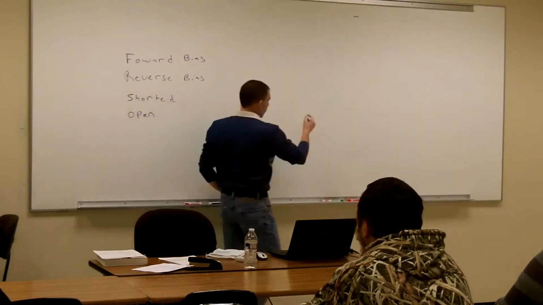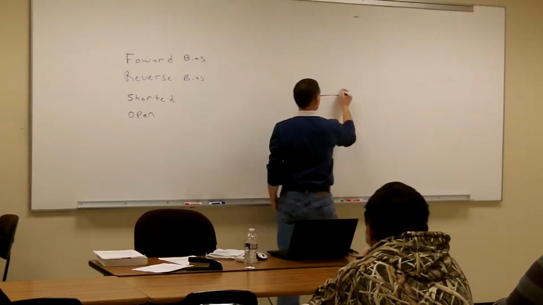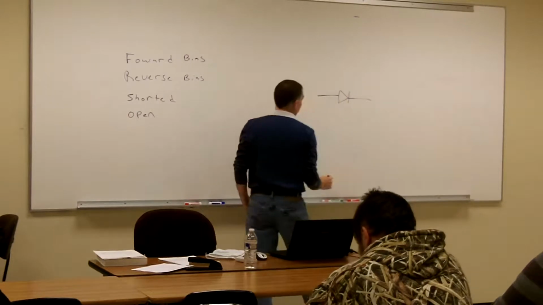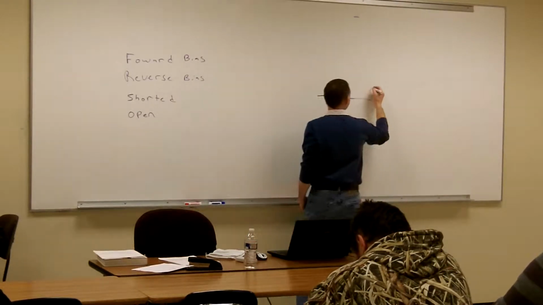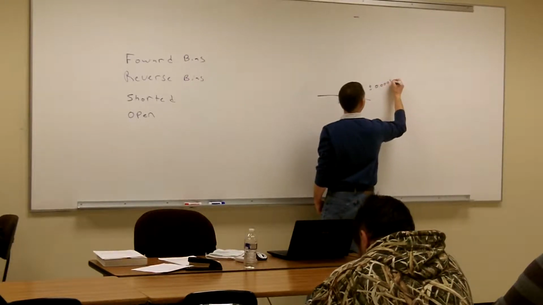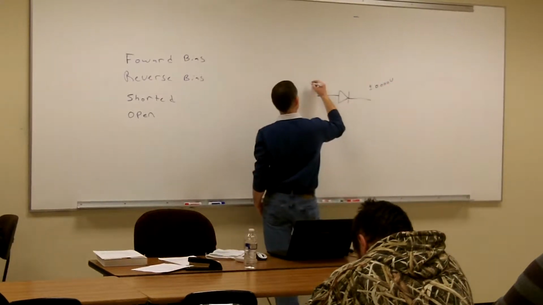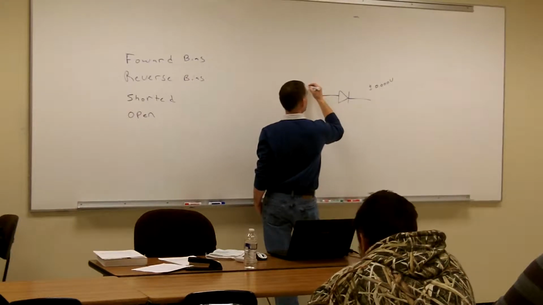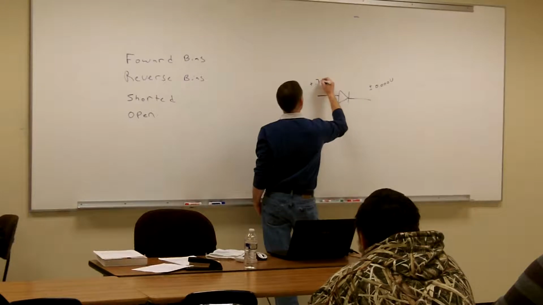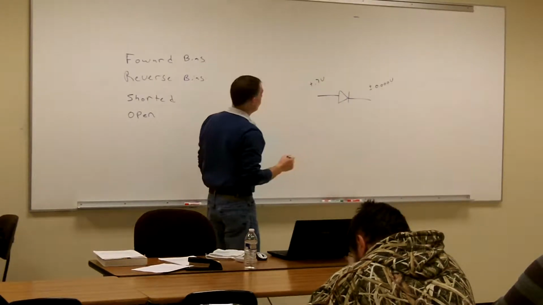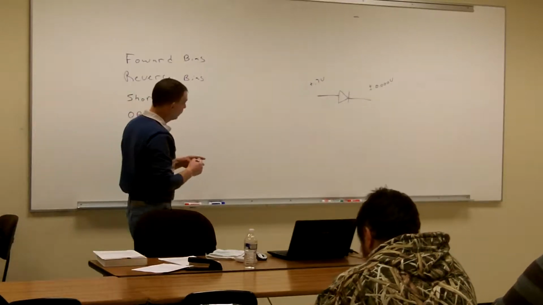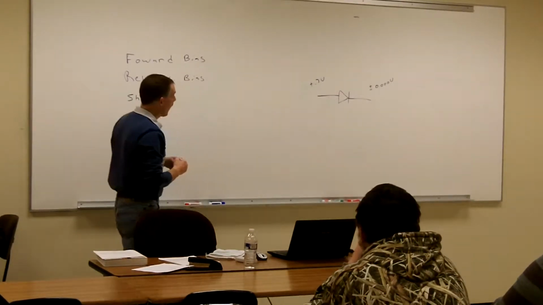So if I had a diode here, plus and minus, 0 volts here, so what state is that diode going to be in? Forward bias.